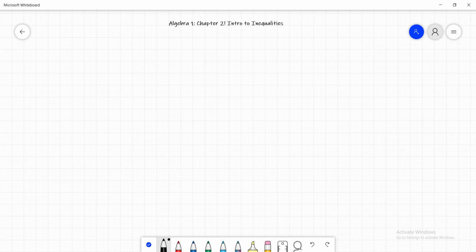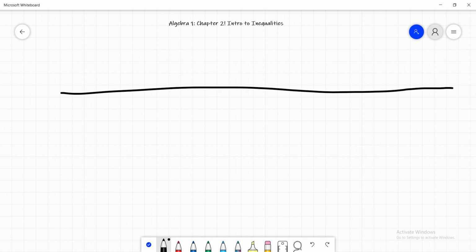So let's get into number lines. I'm going to draw my number line, and I'll put arrowheads at the end to represent that it infinitely extends. And I will mark 0. I'm not going to mark exactly the increments this number line goes by because I'm not sure what inequality I'm going to do yet. So say I have the inequality x is greater than or equal to 6.